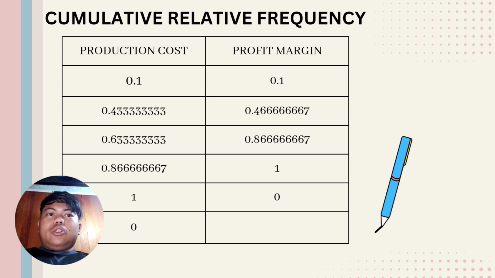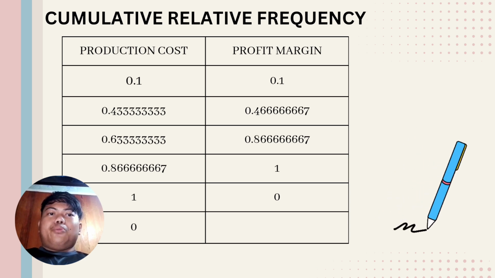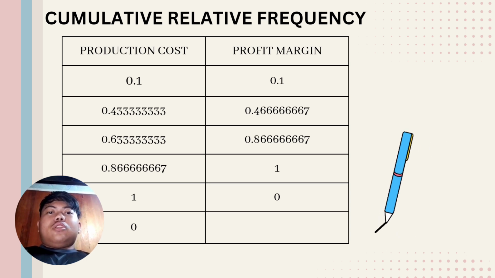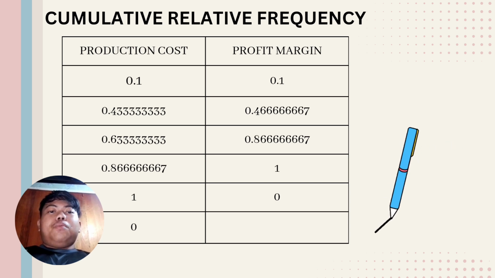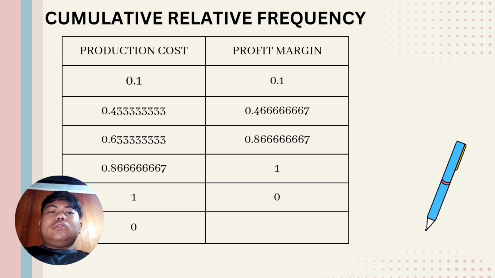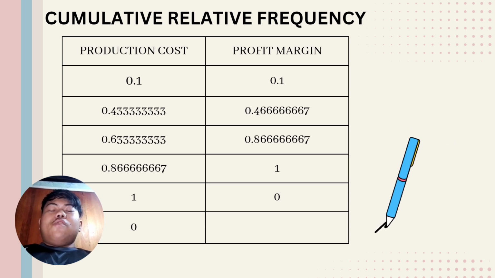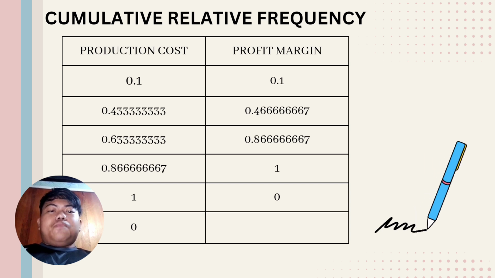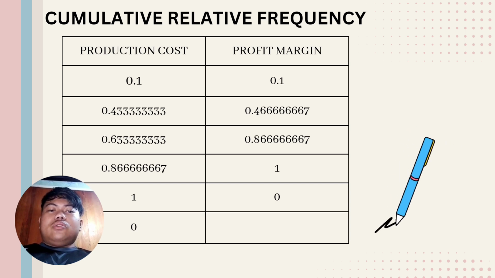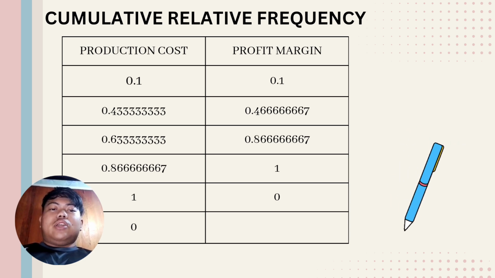This table shows the cumulative relative frequency for both production cost and profit margin. Cumulative relative frequency helps us understand the proportion of data points that fall below a certain value. For the production cost, 10% of cost is up to the first range, 43.33% reach up to the second range, and so on, reaching 100% by the last range.